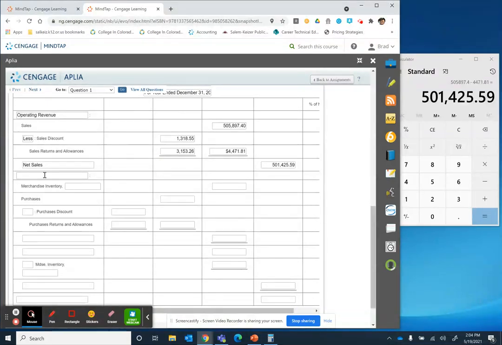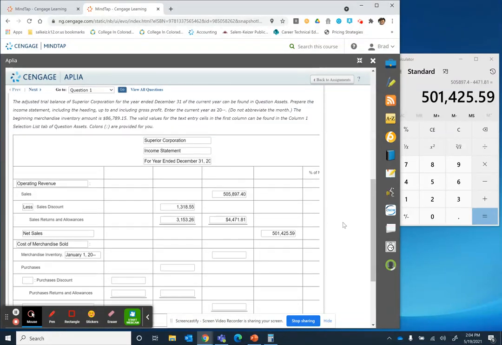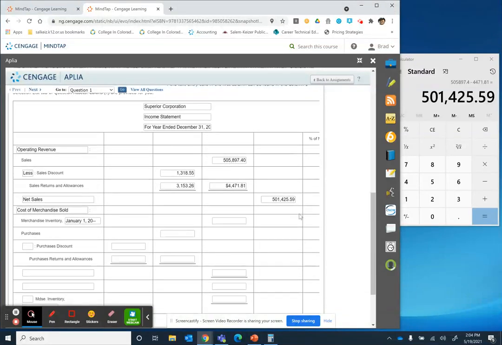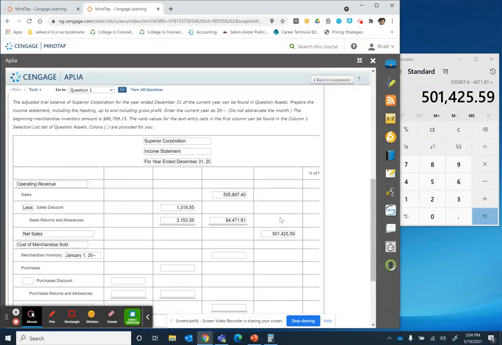Next up, we've got our cost of merchandise sold. For the cost of merchandise sold, we're going to find the merchandise inventory for January 1st, 20--. So it'll be our merchandise inventory at the start of the year. We're going to find that in our instructions here. As it says, beginning merchandise inventory is $86,789.15.